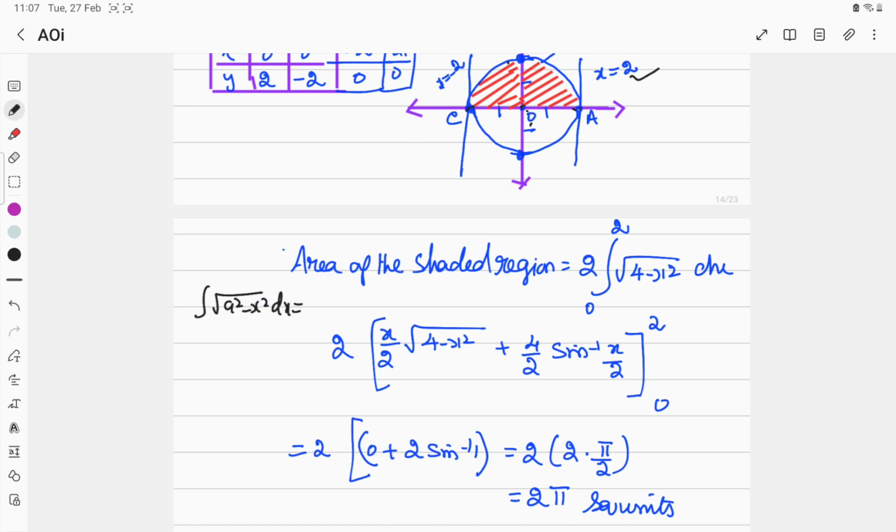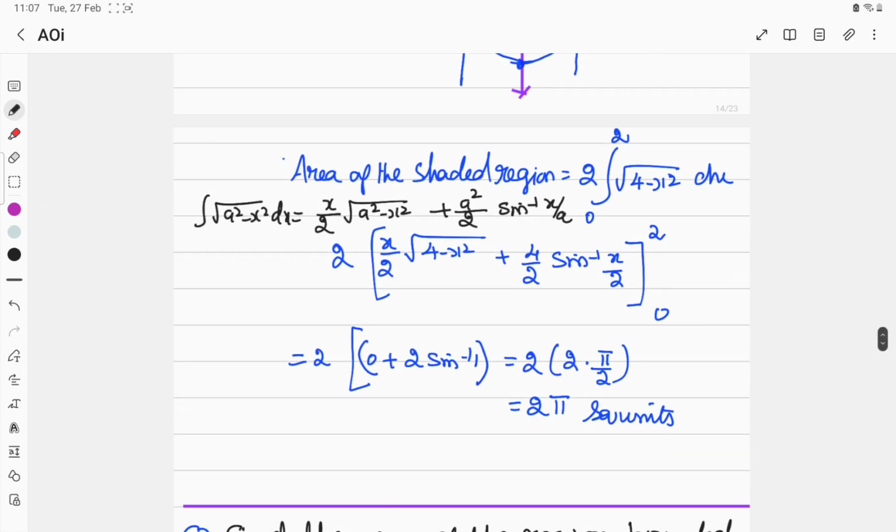Students, every time you have to write the formula, that is very important. Then (x/2)√(a² − x²) + (a²/2) sin⁻¹(x/a). So applying this formula and using the limits 0 to 2, we get area is equal to 2π square units.